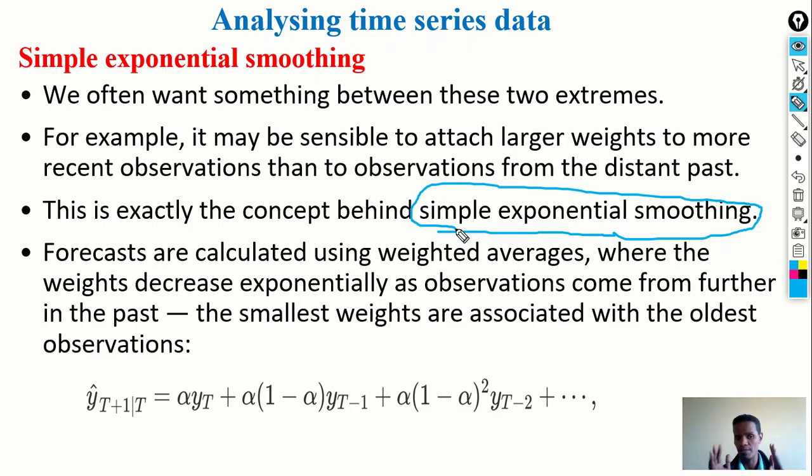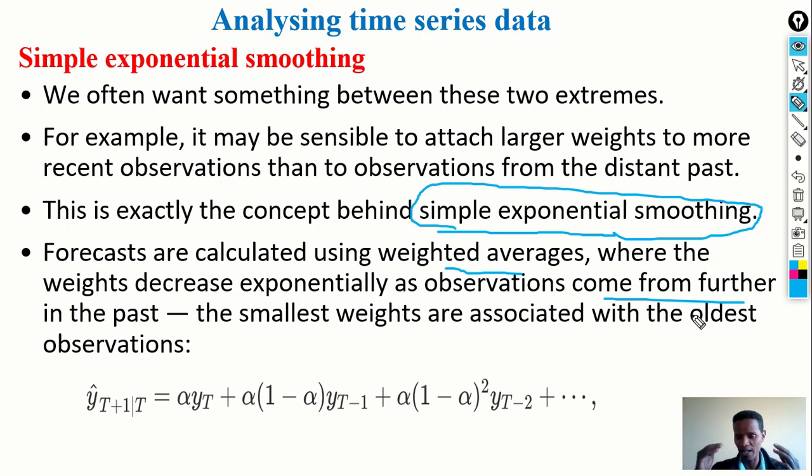So that is the simple exponential smoothing method. Forecasts are calculated using weighted averages, where the weights decrease exponentially as observations come from further in the past. So the weight given to the past observations will be much less than the weight given to the recent observations.